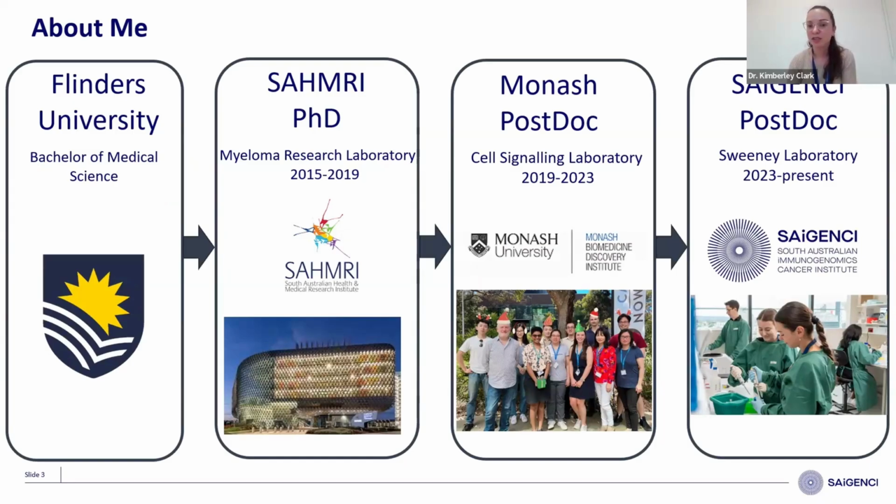Then I transitioned to Monash University in Melbourne, where I completed a postdoc under Roger Daly in the cell signalling laboratory. During that time, the research landscape in Adelaide was taking off, and I transitioned back home to Adelaide and have been with the Sweeney Laboratory for several years now, where we largely sit within the resistance theme of research and explore the molecular mechanisms underpinning resistance to many different cancer therapies. In particular, my focus is in lung cancer at this moment.